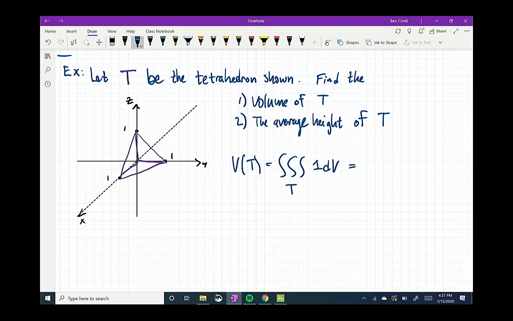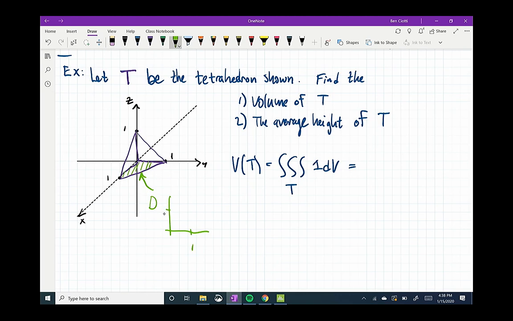So, okay, we gotta do a bit of work here. You always have some choice in these problems with how you want to set it up. I am going to set it up with z being between a function of x and y, like most of the formulas I've been writing. So I'm going to let this triangle here be the base D, which is in the xy plane.